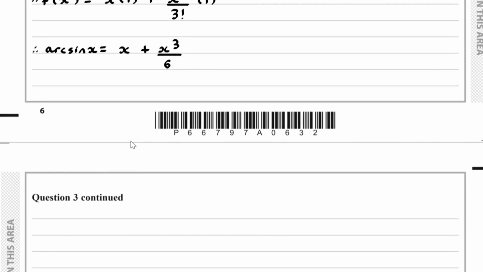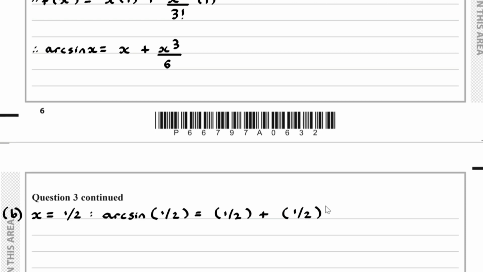So if I substitute in x equals 1/2, then the arcsine of 1/2, that's equal to, using what we have on the right hand side, 1/2 plus 1/2 cubed over 6.